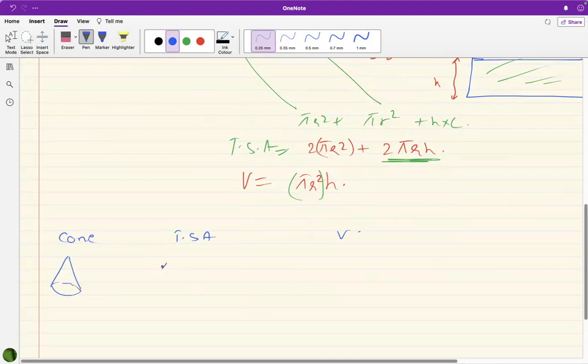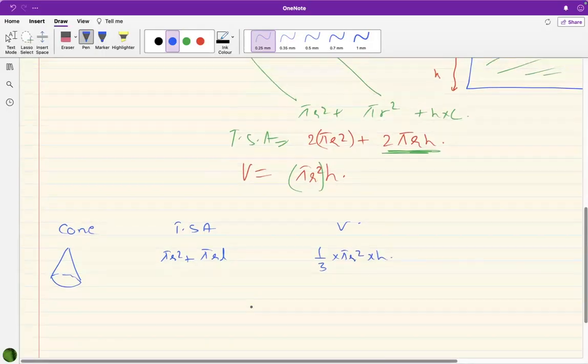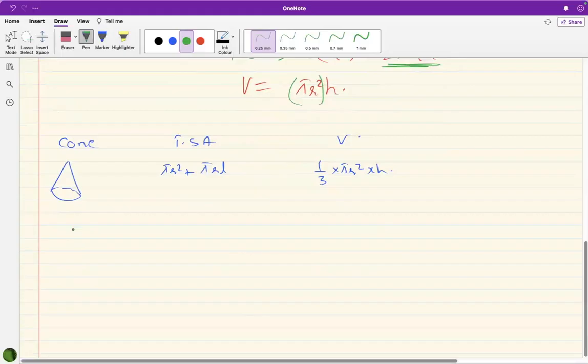Total surface area is pi r square plus pi r l, and volume is 1 by 3 into area of base into height. And for this three-dimensional ball, total surface area is 4 pi r square and volume is 4 by 3 pi r cube.